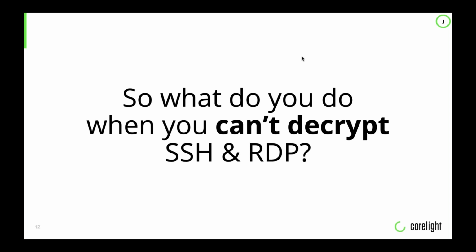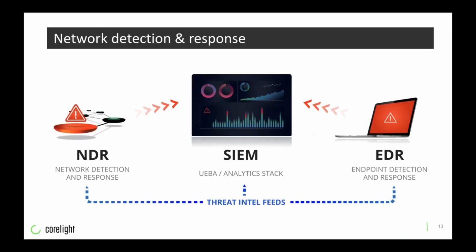Cost, privacy, regulatory, performance concerns, IT objections, et cetera, you may find yourself in a situation as a security analyst, as a defender, where you're not going to be able to see the payload information of those connections. And yet you've got to get ahead of these problems that we just talked about earlier. So how do you do that if you can't break and inspect?